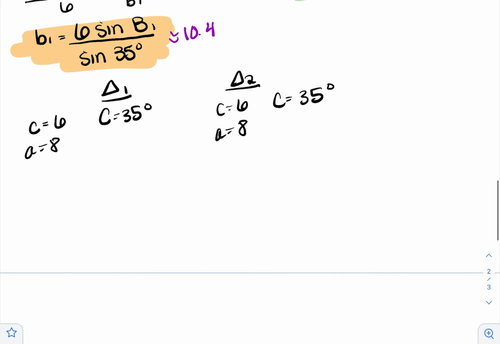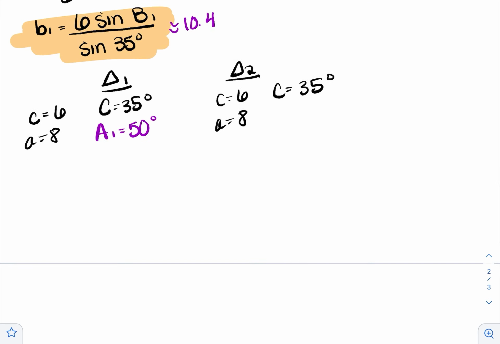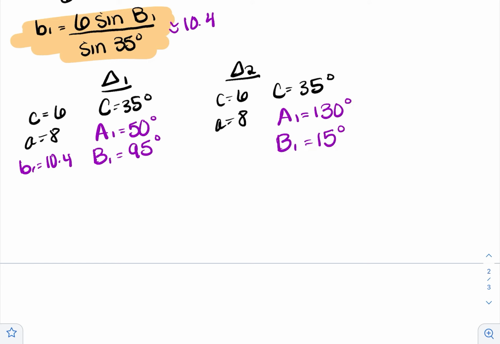Because these are set in stone. So for this one, A1 was 50 degrees, B1 was 95, and little b1 was 10.4. And then for this one, A was 130, B was 15, and little b was 2.7.